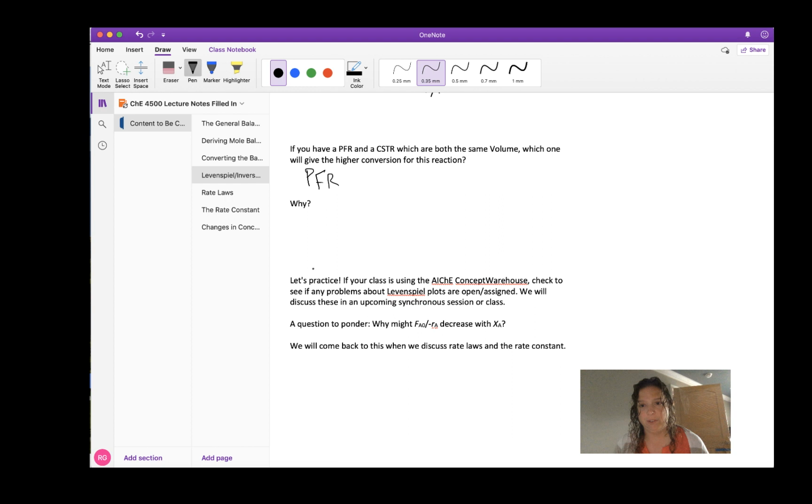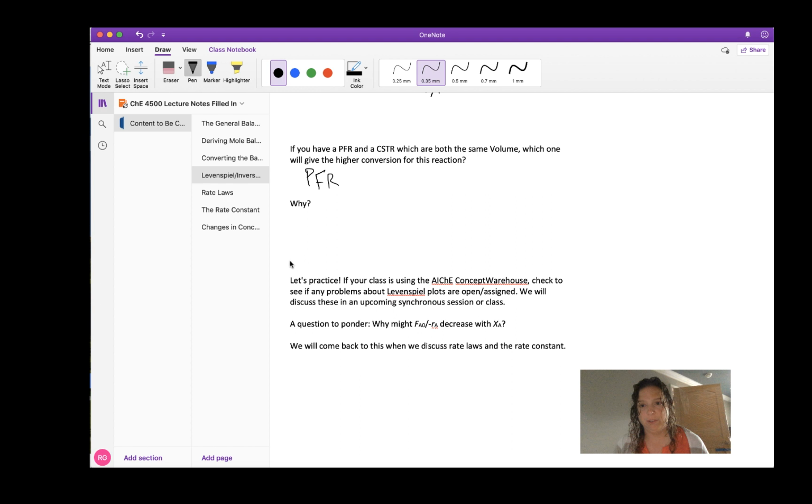So why is that? Why is the PFR capable of accomplishing a higher conversion for the same volume, or requiring a smaller volume to achieve the same conversion as a CSTR? What is it about the PFR? So think about how the PFR and the CSTR operate.